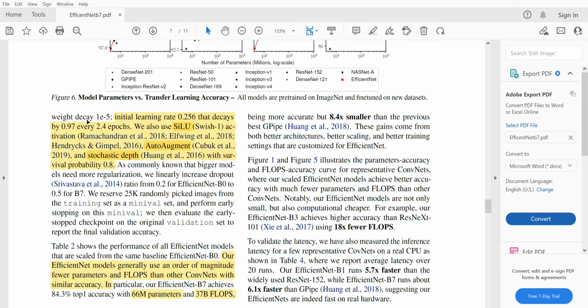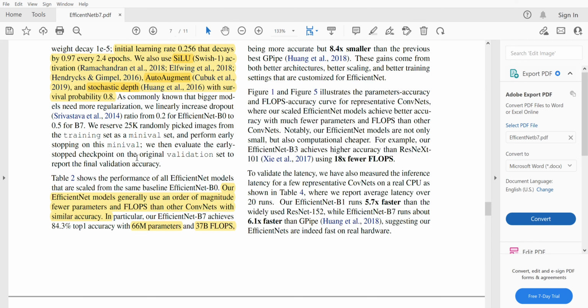They use the SiLU activation function and AutoAugment. AutoAugment is a technique in which a neural network performs the image augmentation, not just fixed parameters. This is another topic. They also use stochastic depth, in which you drop some of the values. This is another bunch of topics we will talk about later.